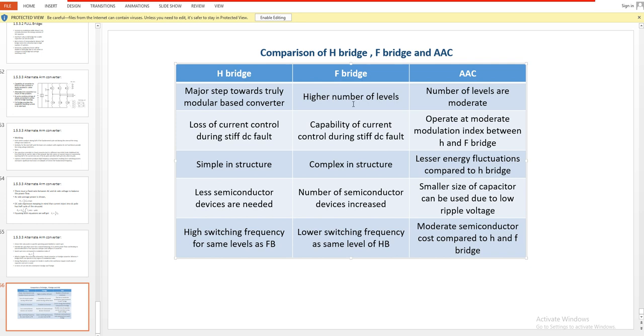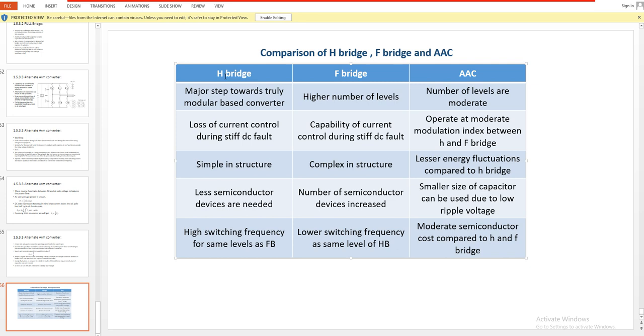And if we see full bridge topology, we can get a higher number of levels. It has the capability of current controlling during stiff DC fault, but it is complex in structure and it has more semiconductor devices, but its switching frequency is low as compared to half bridge topology. We can also compare half bridge and full bridge in terms of modulation index: half bridge can operate in the modulation index between 0 and 1, but full bridge can operate for a modulation index of greater than 1.